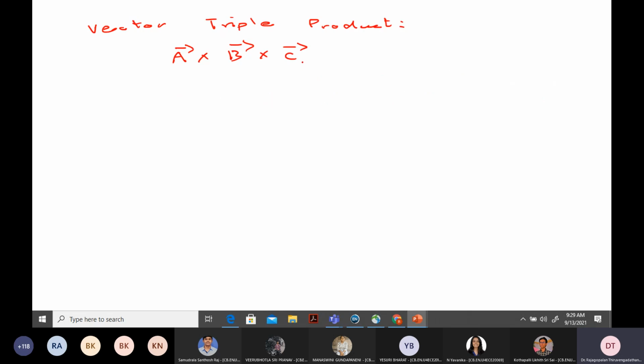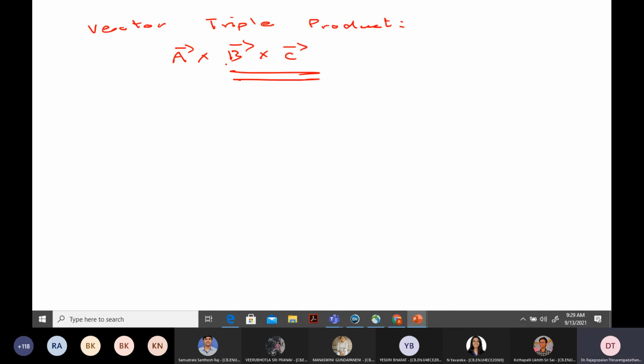Vector triple product. I need to define whether this is, if I put bracket here, it may not be the same as this. So you have to be very careful.